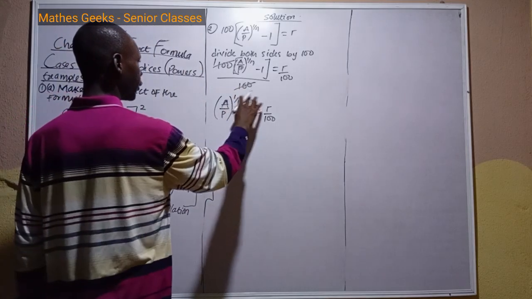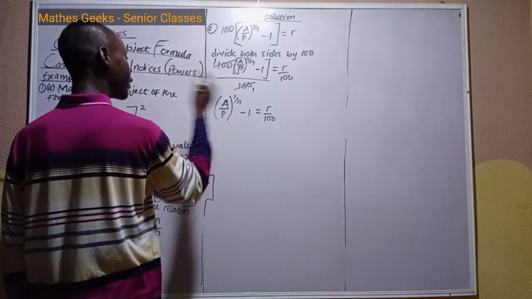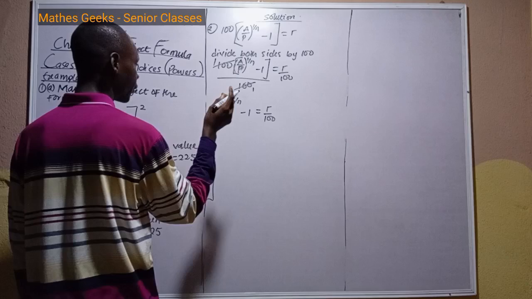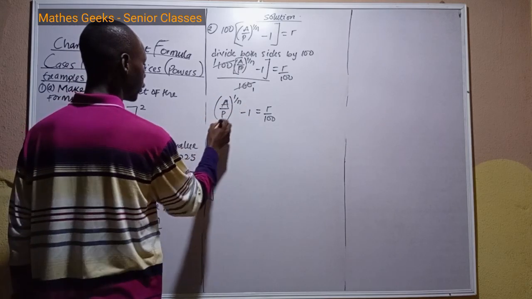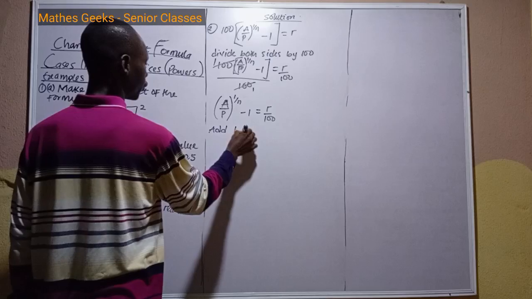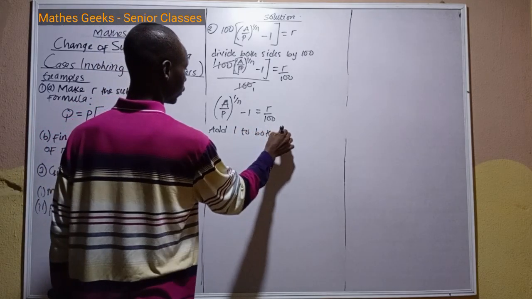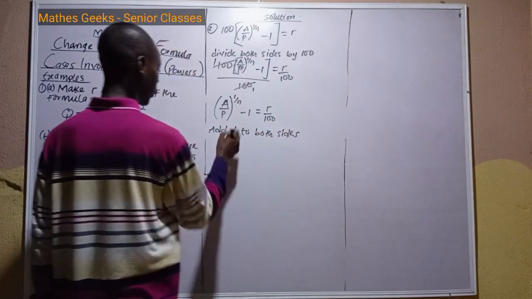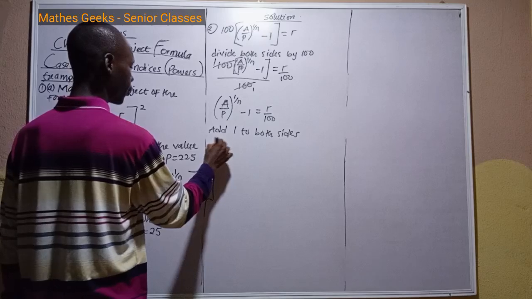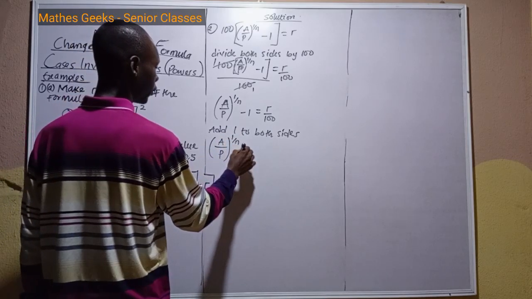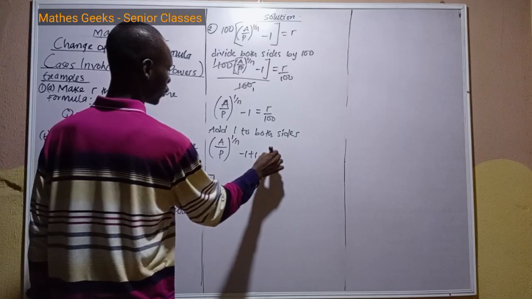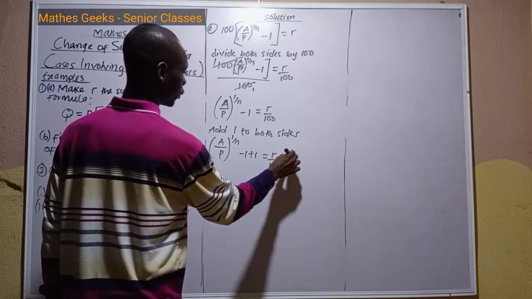Next thing to eliminate, or take out of the way, to make e the subject of the relation is the minus 1. To do that, we add 1 to both sides. So e over p to the power of 1 over n minus 1 plus 1 is equal to r over 100 plus 1.